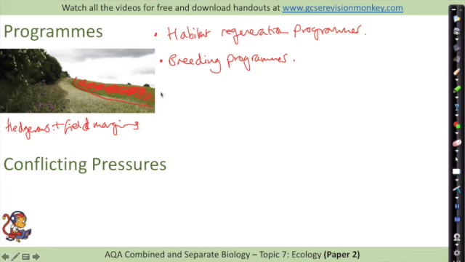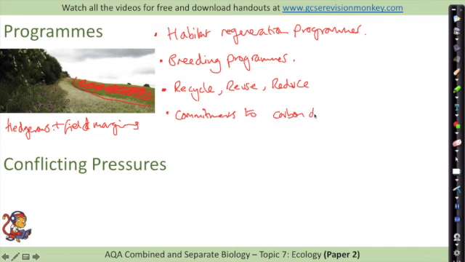In general, we can all recycle, and there are major schemes encouraging us to recycle, reuse, especially with the changes in the laws on plastic bags, and reduce how much we are consuming. Finally, the government may have very particular commitments to carbon dioxide release.